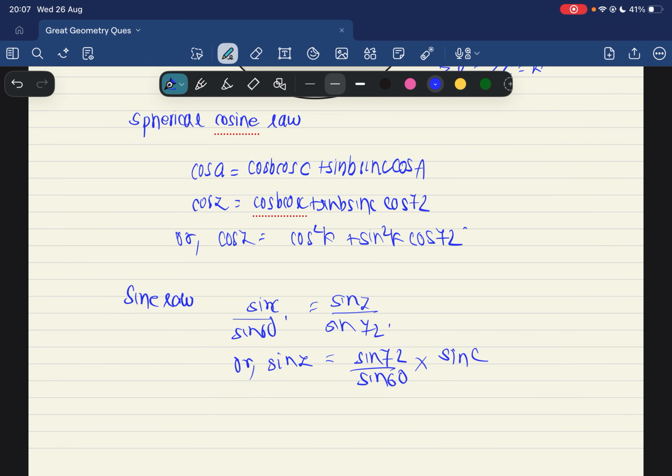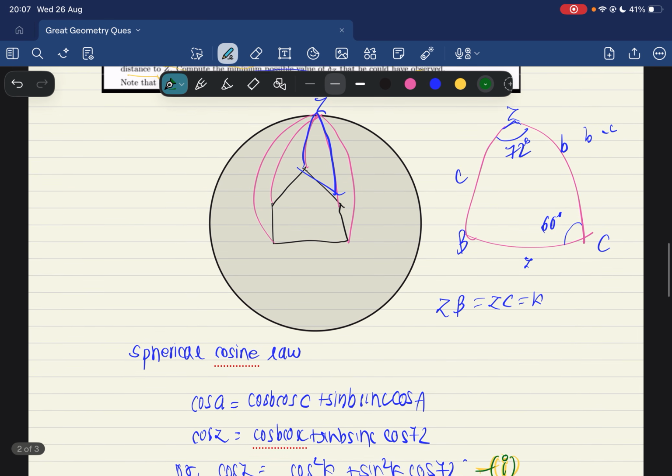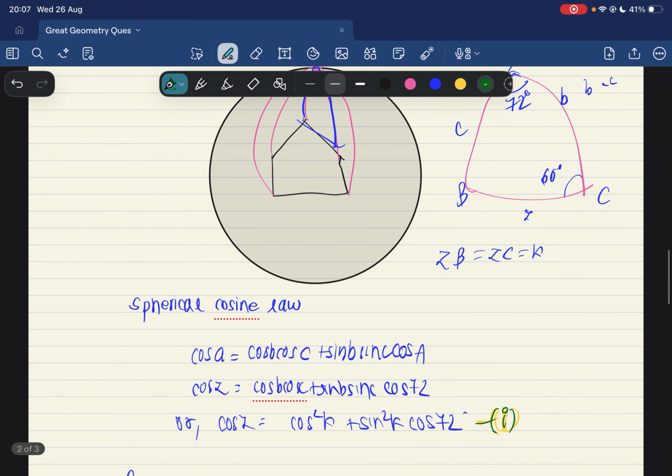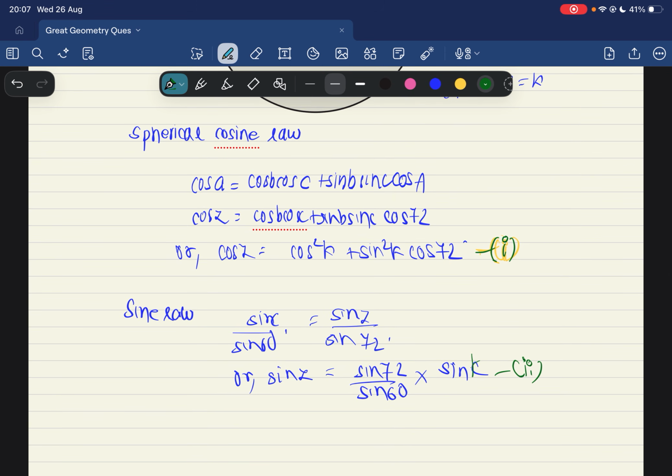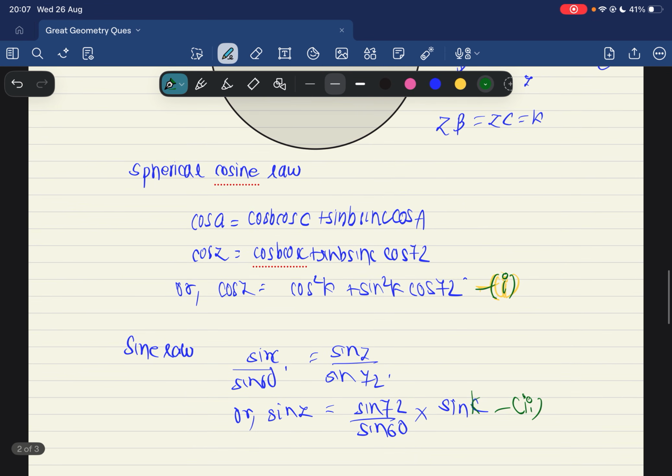When you solve these two equations, what do we have in common here? So basically what we have been saying, zb equals zc, so this is a k, so this is just k. We have k right here and we have cos z right here, exactly two variables.